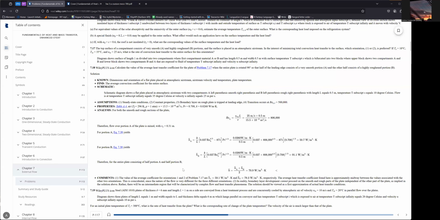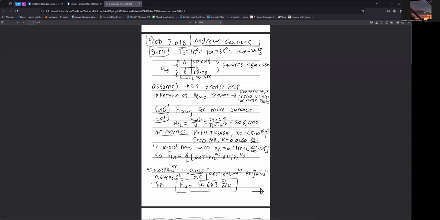Using 7.38, we just plug in the values that we have for the Reynolds number, Prandtl number, the k of the air, and the length of the plate. Then we get for the heat transfer coefficient for A 50.683 watts per meter squared Kelvin.